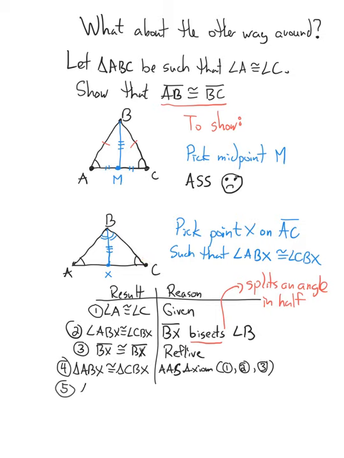So we know line segment AB is congruent to line segment BC because of the idea of congruent triangles. And we know that by 4. We know ABX is congruent to CBX, so we know everything about the measures is the same. And that's how to use these axioms to be able to prove results about shapes that we know.